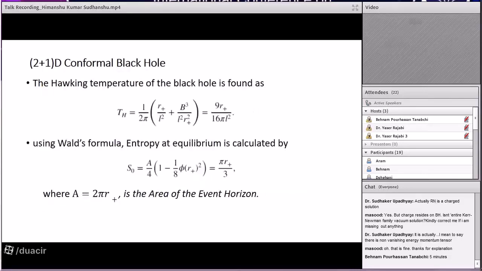Once we have the metric solution of the black holes, the Hawking temperature can be found to be 1/4π of the differentiation of the metric function at the horizon radius, and it is found to be equal to 9r₊/(16πL²), where r₊ is the horizon radius of the black holes.